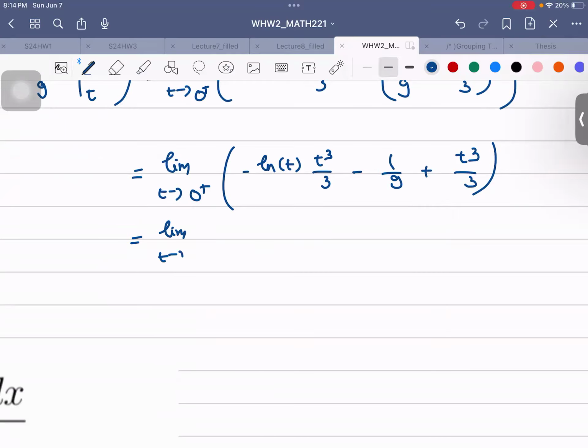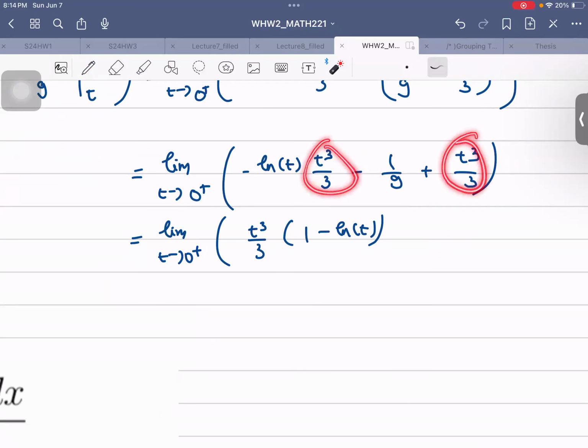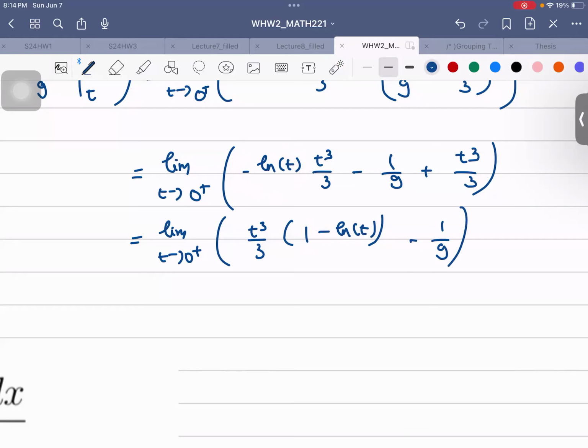As t tends to 0 from the right side, you have t cubed divided by 3 times 1 minus ln of t. I just factored out t cubed divided by 3, so I have 1 minus ln of t, minus 1 over 9. Now what if we let t tend to 0?